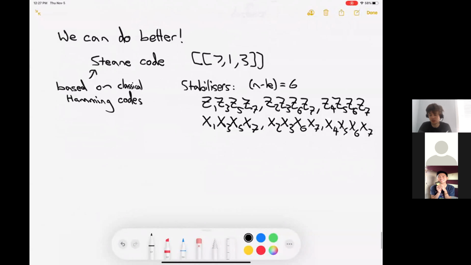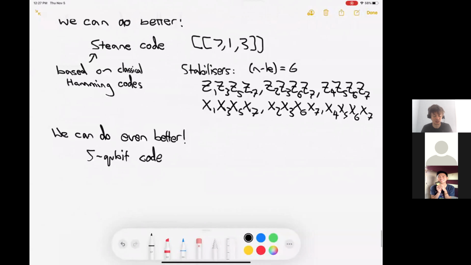Okay, so the final code can do even better. That's sort of as far as people got based on things they already knew from classical error correction. But actually you can come up with a 5-qubit code. It's very boringly just called the 5-qubit code. And yeah, this has no classical analog at all.